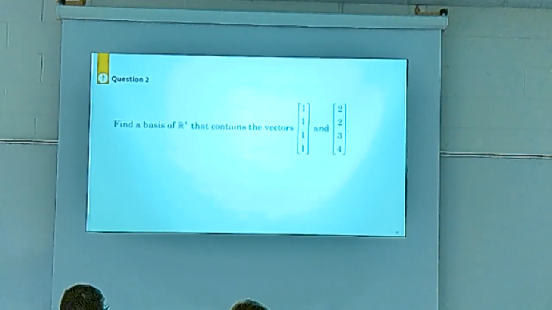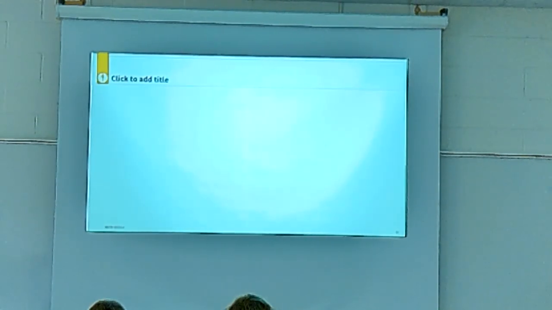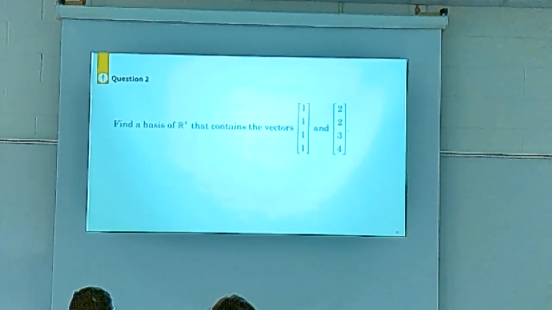And I'm going to write it in such a way that it guarantees to remove vectors other than these 2. I'm going to write the 2 vectors I want in my basis first.